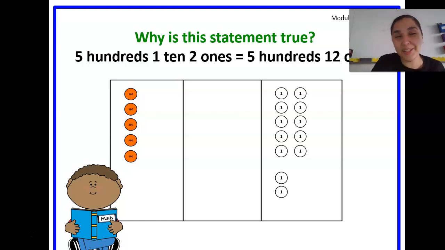I love listening to all those correct answers. Yes, because 1 ten has 10 ones, and 10 ones plus 2 ones gives you 12 ones. What a smart class. Boys and girls, you are super, super smart.